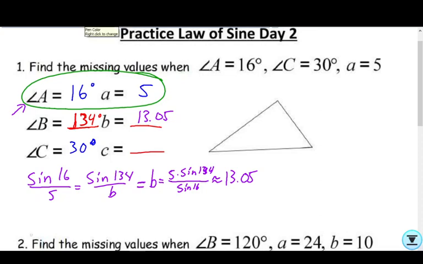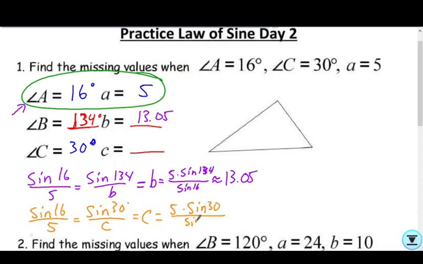Now I find part C. For part C, I'm going to use this same initial ratio, but this time I'm going to use 30 degrees over side C to find side C. Cross multiply again, so 5 times sine of 30 over sine of 16.